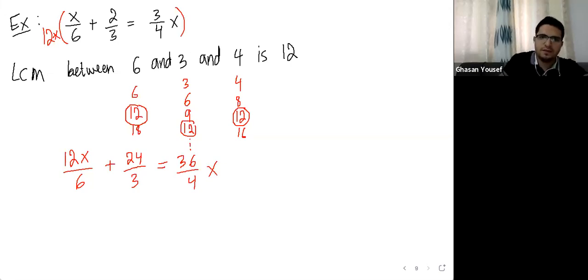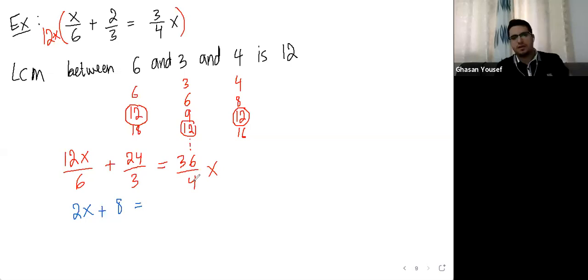Now we can simplify it more. 12/6 is 2x, plus 24/3, dividing by 3, I get 8. And 36 divided by 4 gives me 9.